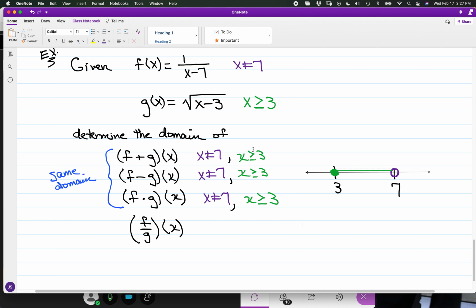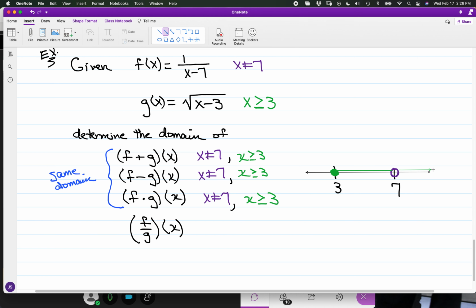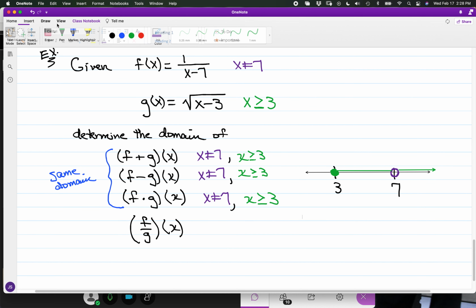So this part about x being greater than or equal to 3 has everything including 3 and greater than 3 except for the number 7, since 7 cannot be included. But once we bypass 7, we're going to have resuming the activity and going out to the right. And we have approaching infinity.